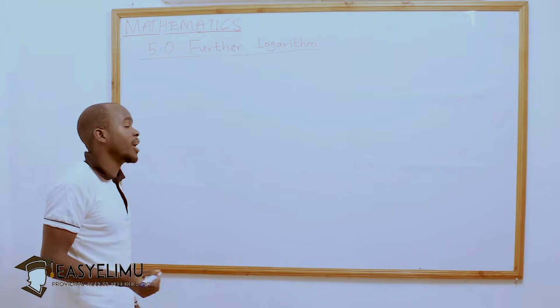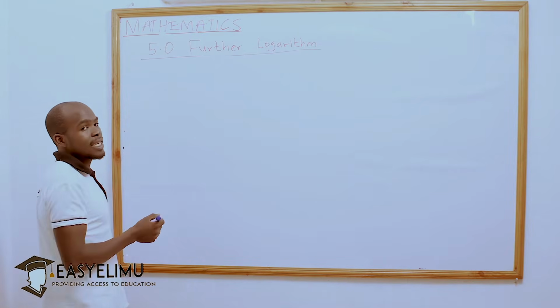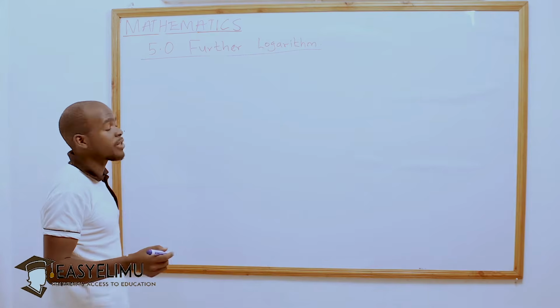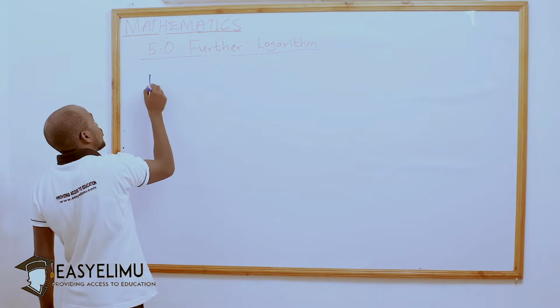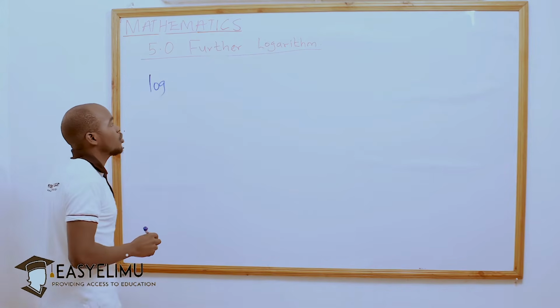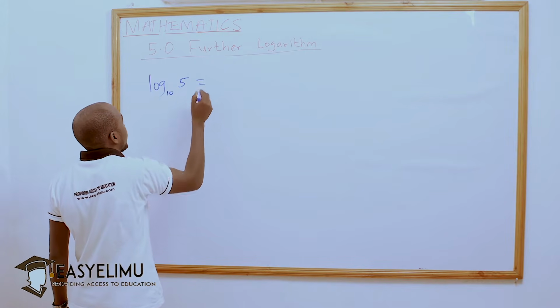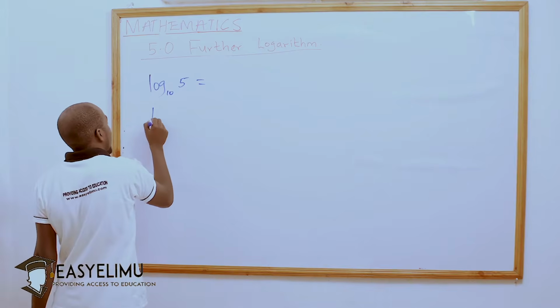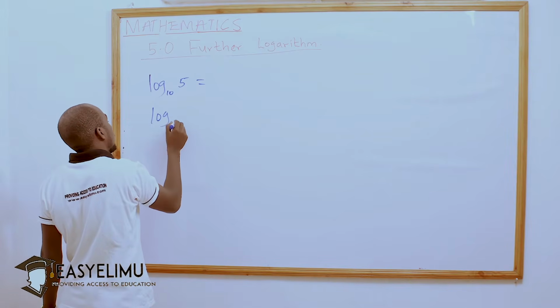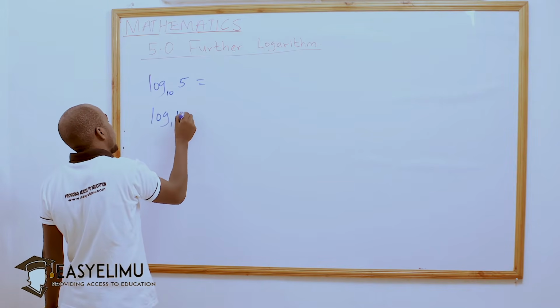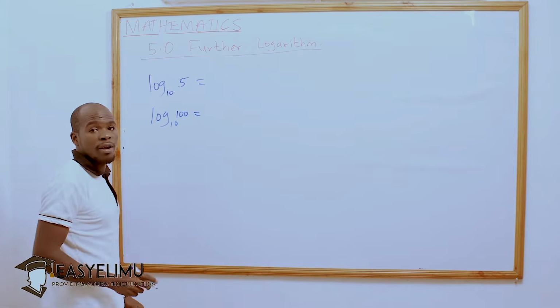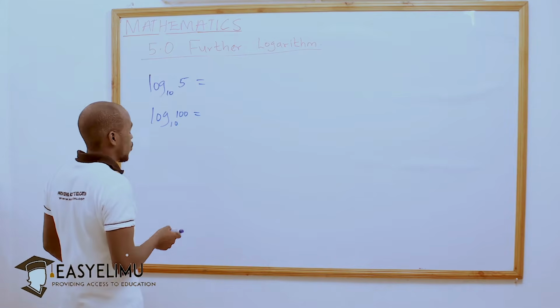We know calculators give answers to logs of base 10, most of them. So here I'm going to write base 10 and we find the logarithm of 5. We also find the logarithm of 100 to the base of 10, and see what we can find as we move on.